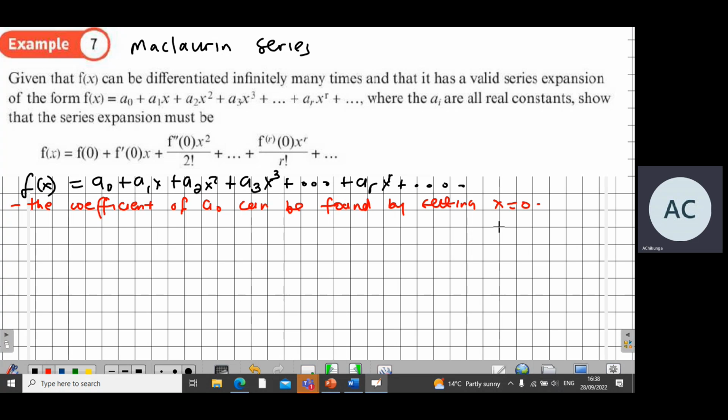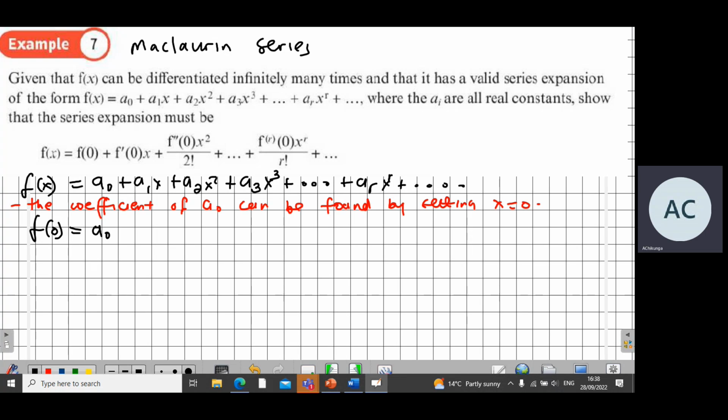So basically we are saying this polynomial is about the origin as its center. So when we set x is equal to 0, that is, we are saying f of 0, and if you place 0 where there is x, everything else becomes 0. We are just left with a naught equal to f of 0.